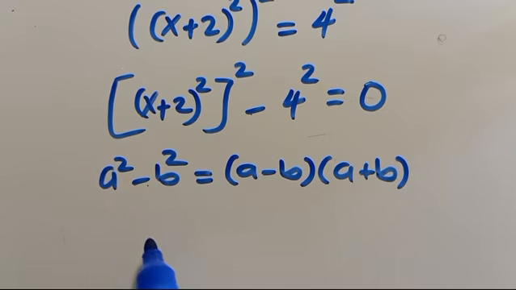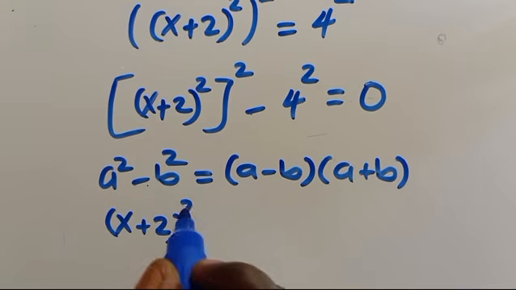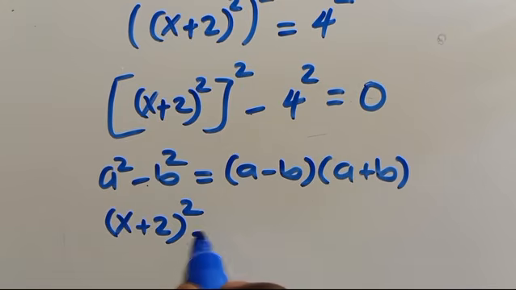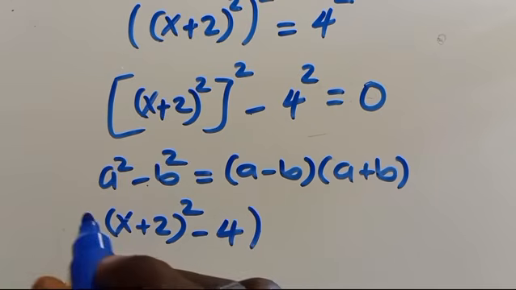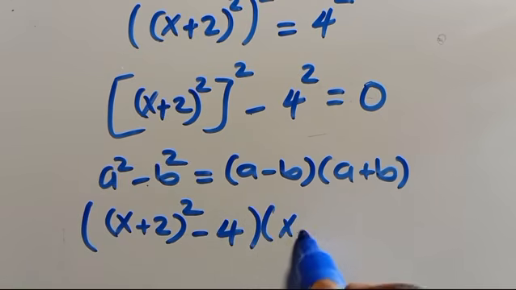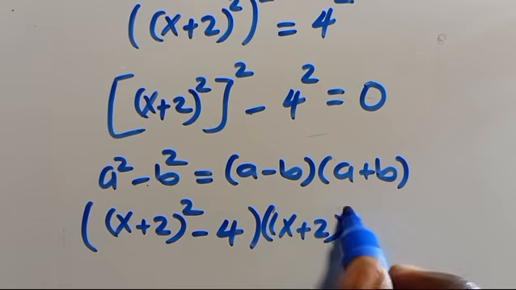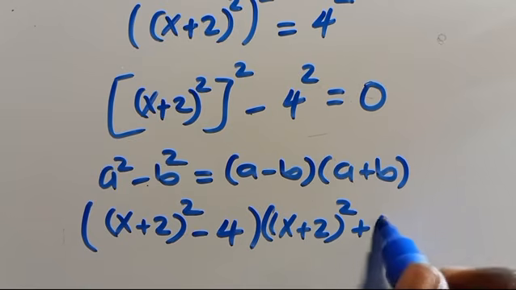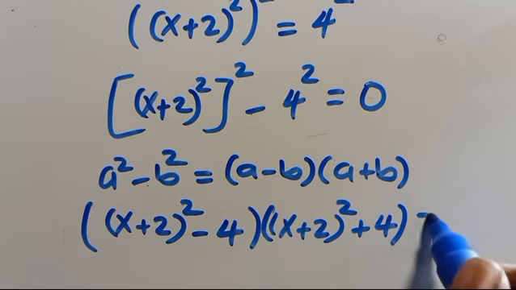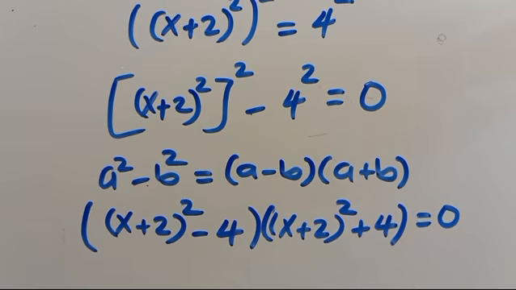So we have from here ((x + 2)^2 - 4)((x + 2)^2 + 4) = 0.